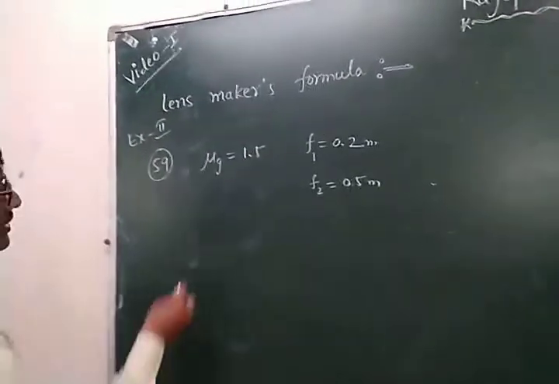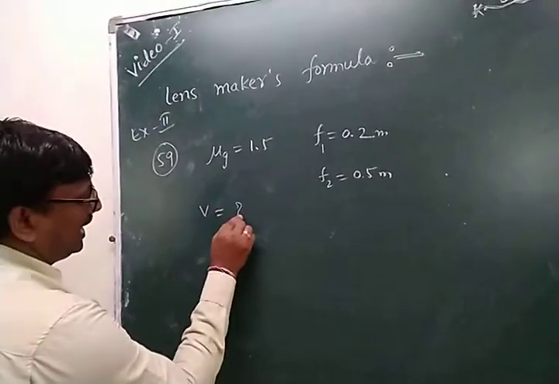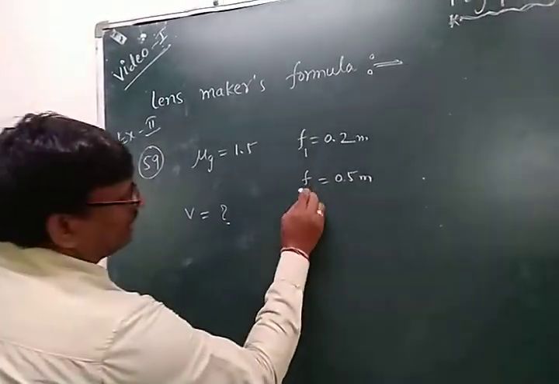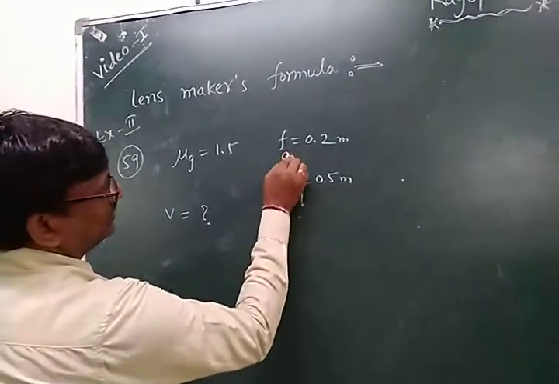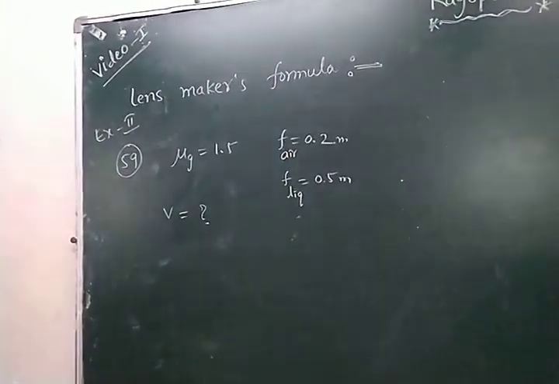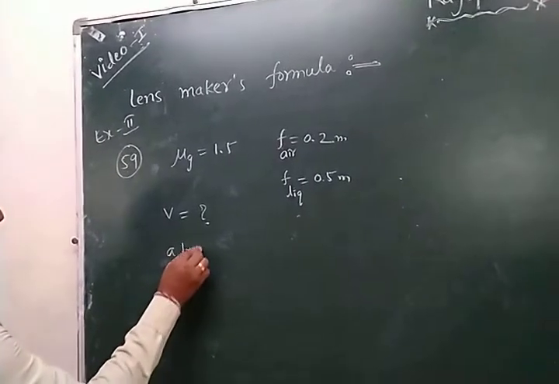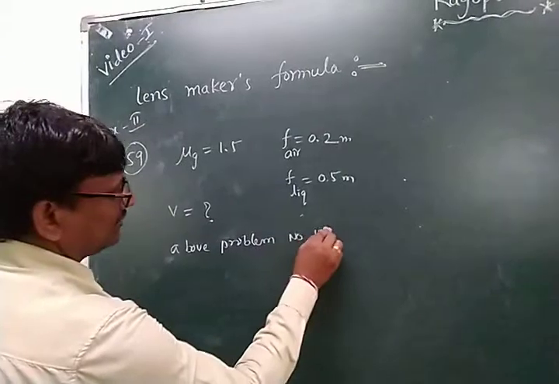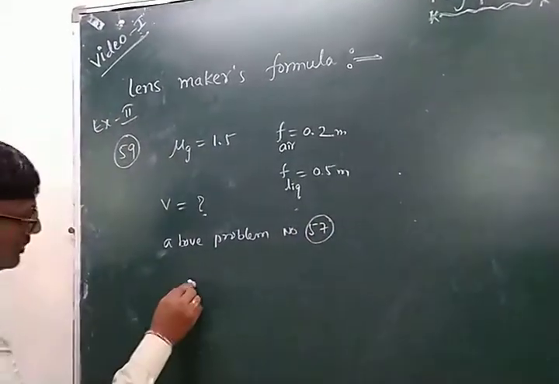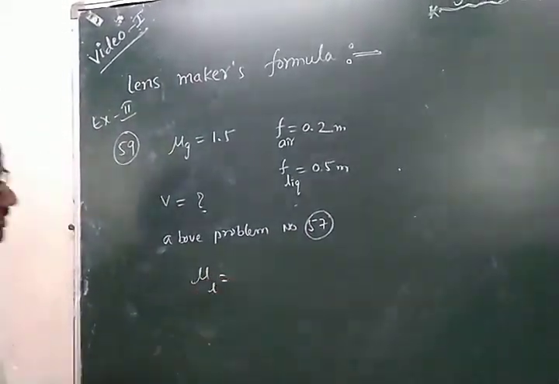The focal length in the liquid is 0.5 and f is 0.2. But from problem number 57, we all know the refractive index of the liquid.